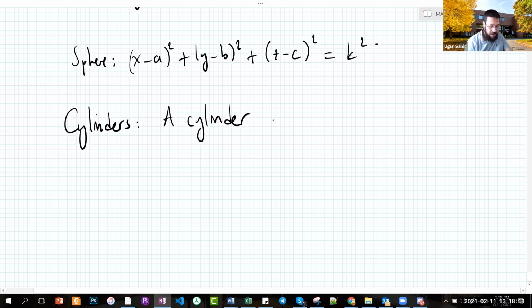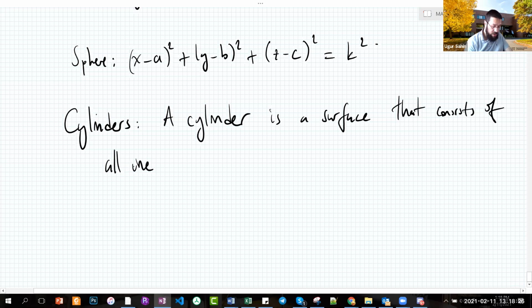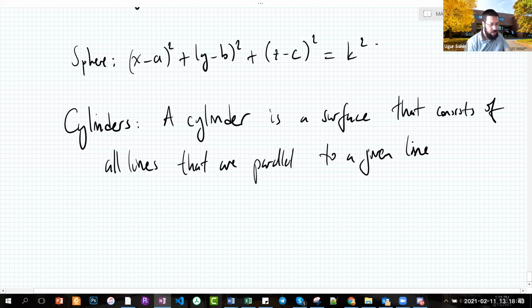A cylinder is a surface that consists of all lines that are parallel to a given line and pass through a given plane curve.